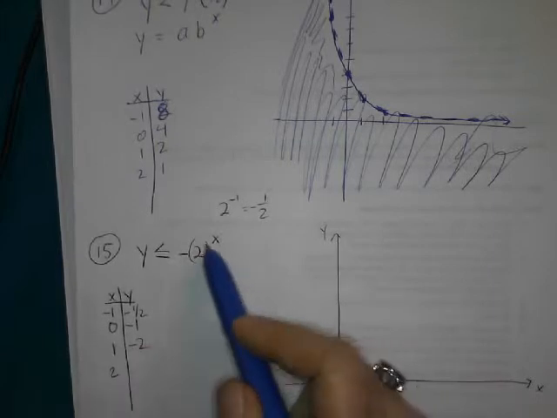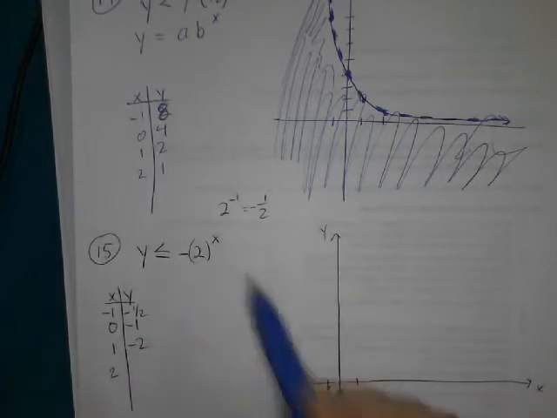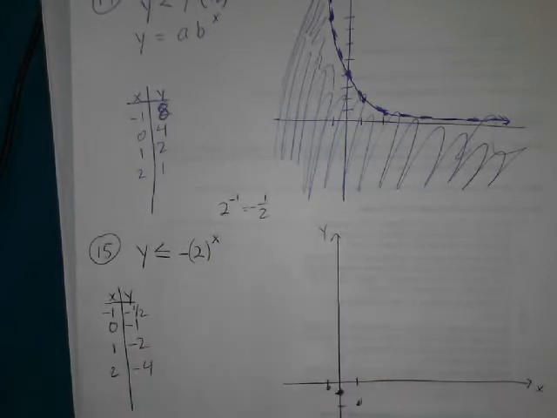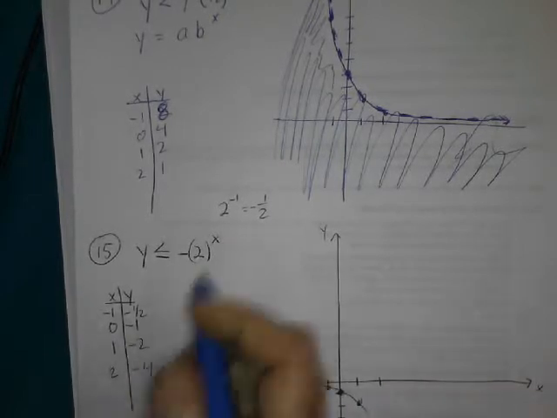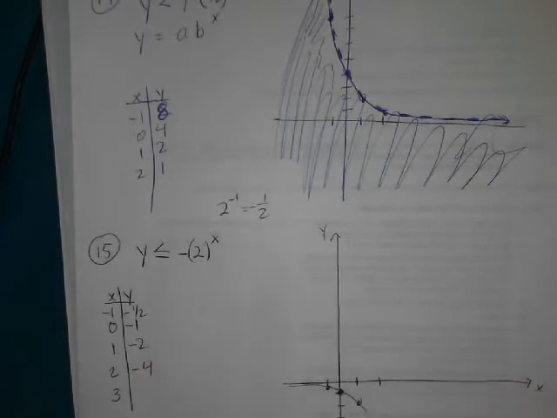Let's try 2. 2 squared is 4, but this negative sign makes it -4. 1, 2, 3, 4, right here. Okay, so I'm almost convinced it's just going to go down, down, down. I can do one more. I can go 3. 2 cubed is 8, but the negative sign gives me -8. So 1, 2, 3, 4, 5, 6, 7. There it is.